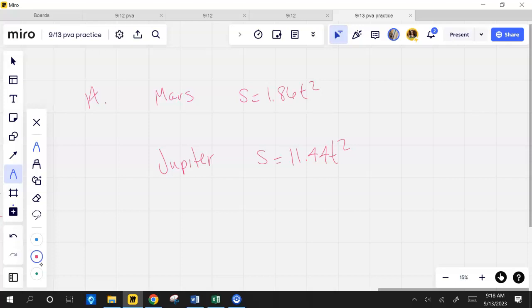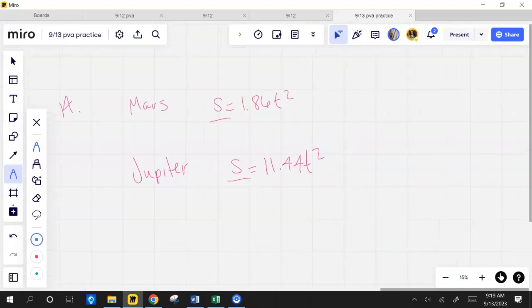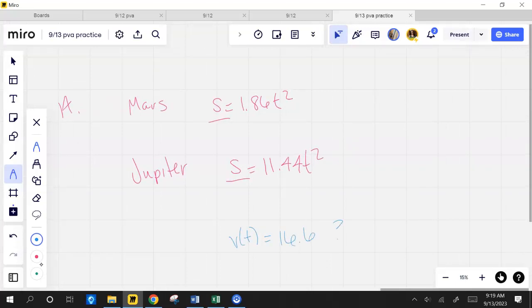So what equal to that? The derivative, right? Because right now I'm given position, right? And it says, how long will it take for velocity to get here on each planet? When will that happen? Yes, yes. I told you knew how to do it. You just didn't know how to interpret what it was they were asking.